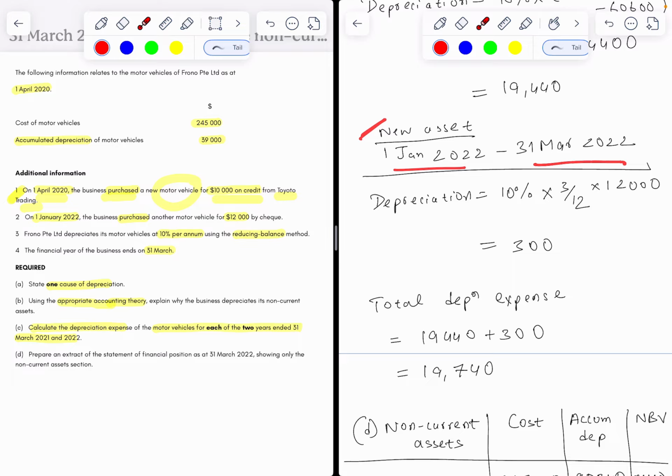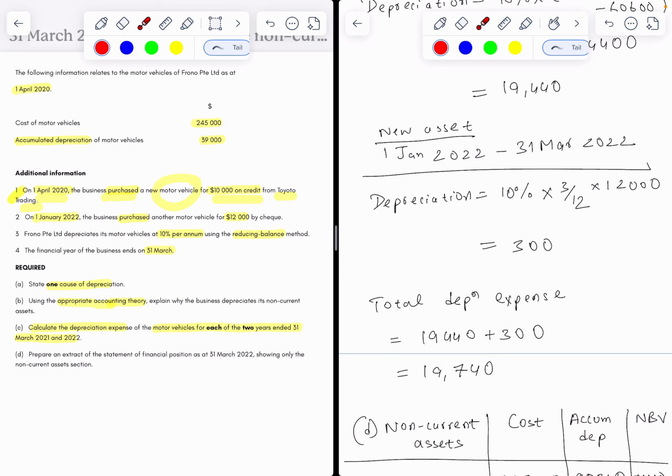Okay, so the question does not explicitly mention anything regarding Frono applying a full depreciation in the year of purchase. Okay, so therefore, we are assuming that the depreciation rate of 10%, which is an annualized rate, needs to be adjusted to a 3-month rate. So how do we do that?